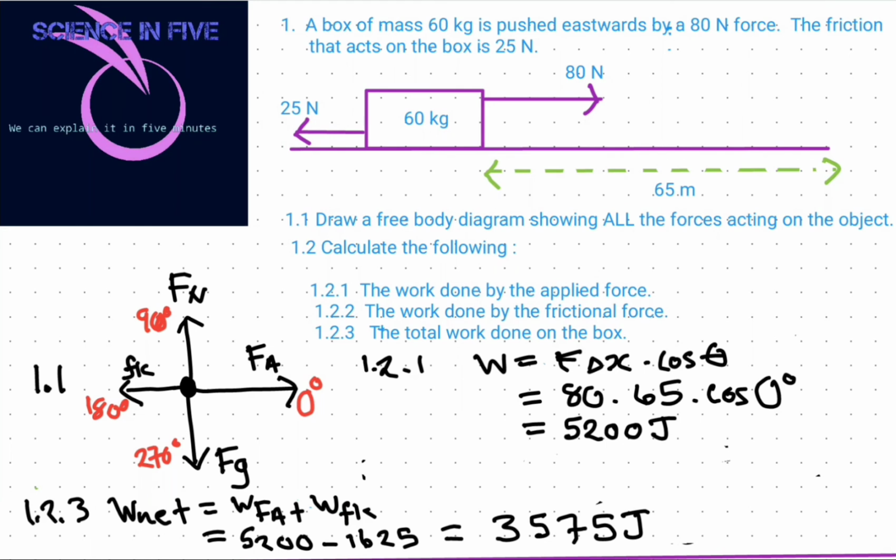Okay guys, that is how you can look at work being done on a horizontal plane. There are about 3 important ideas that we've discussed that you need to pick up quickly. The first one is the 0 degree direction is the direction of motion. The second idea, the frictional force always does negative work.